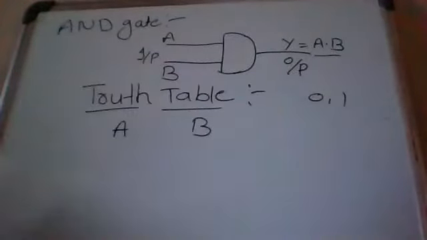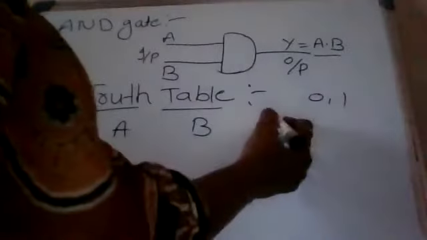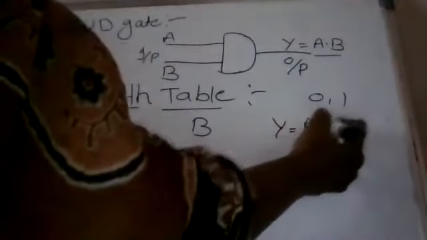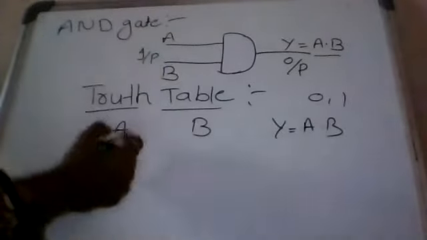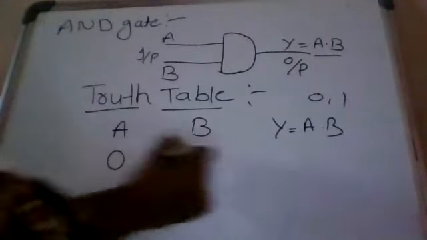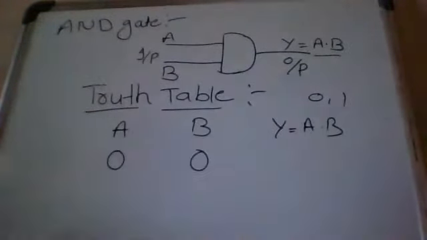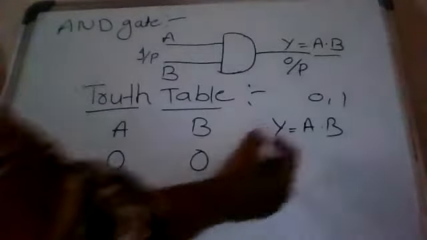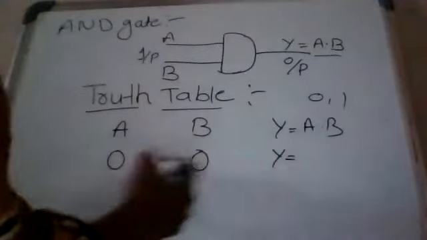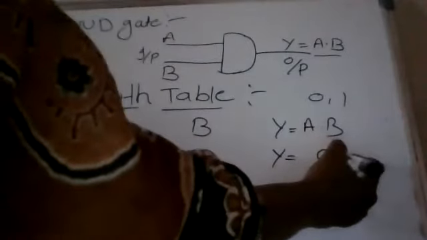Output condition is Y equal to A dot B. So both inputs in case 1: 0 0. Y equal to A dot B, 0 dot 0 we get 0. What is the output? 0.